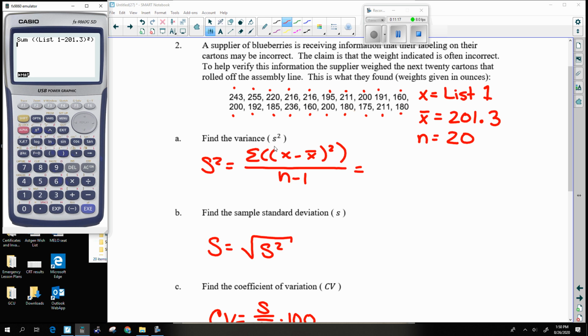Okay, so my numerator is 12310.2. My denominator is n minus 1, so that's 19. And so I take that answer in my calculator and divide by 19.